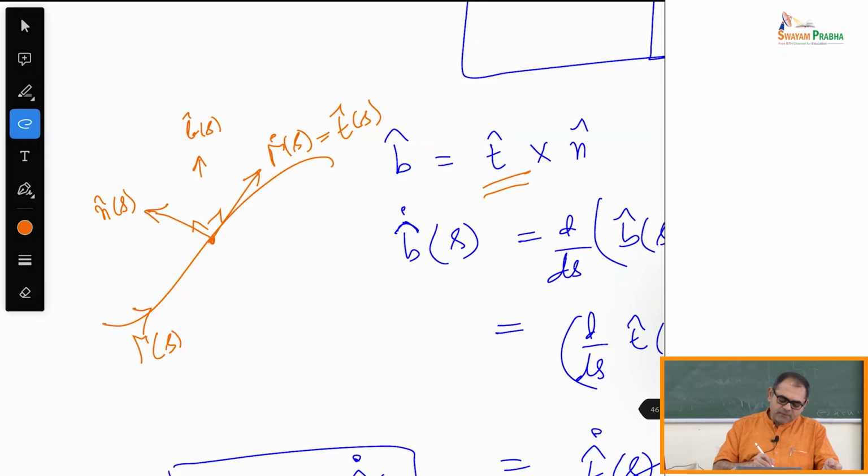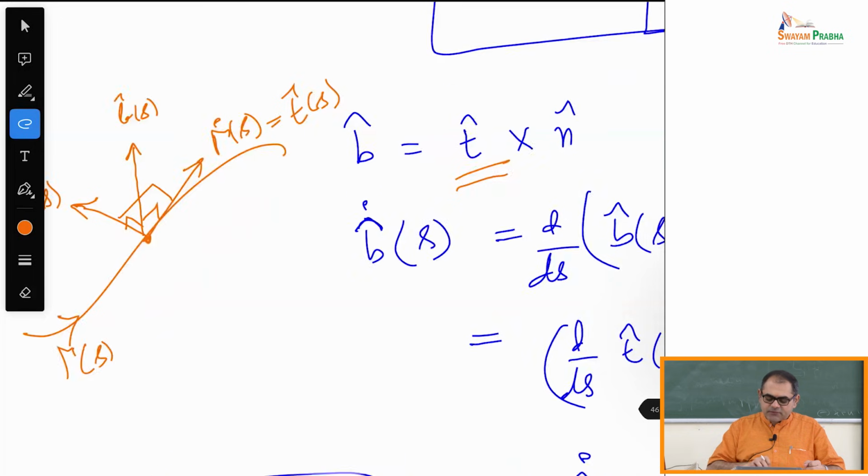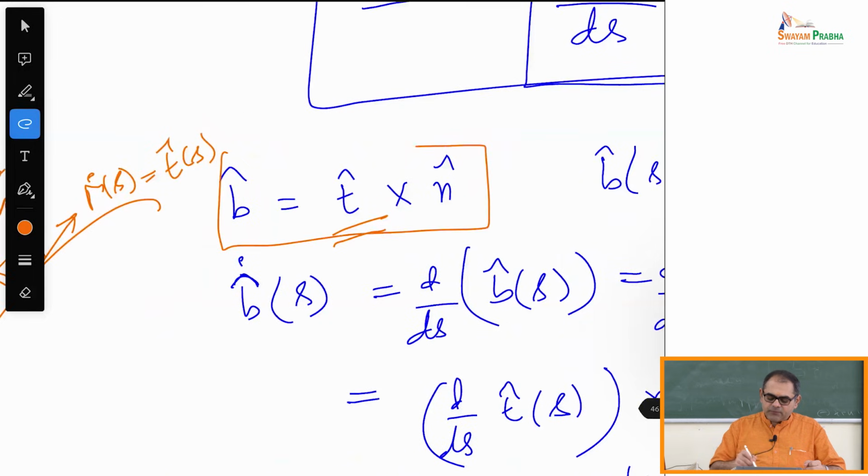So these are three perpendicular directions. Therefore b cap is t cap cross n cap.